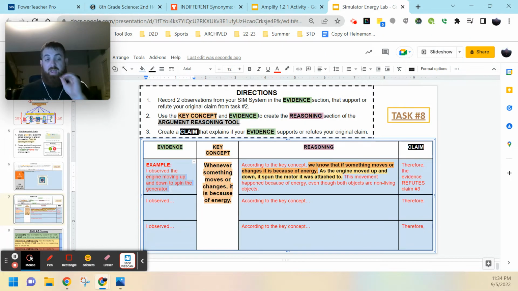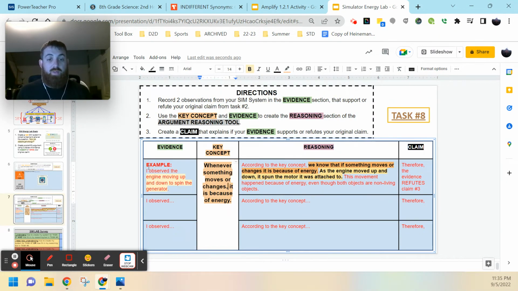This is something I observed happen. Notice I'm not talking about anything related to energy. I'm just talking about that movement or change that I saw. And I'm doing that because I know my key concept says whenever something moves or changes, it's because of energy. So right off the bat, I know that this evidence is going to refute claim 3. So I know my claim is going to be, therefore, the evidence refutes claim 3.